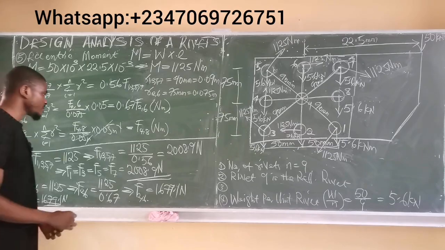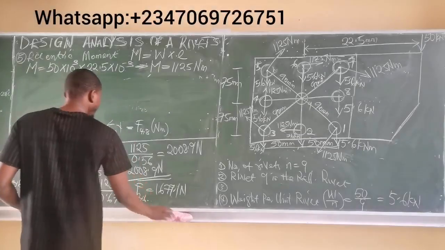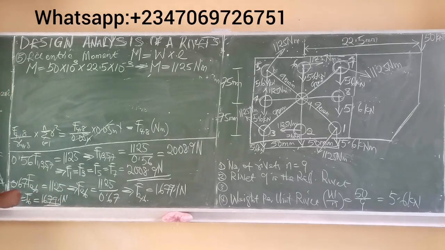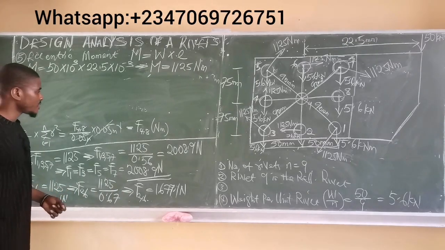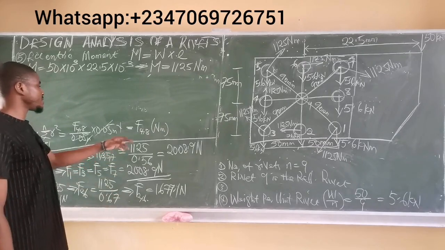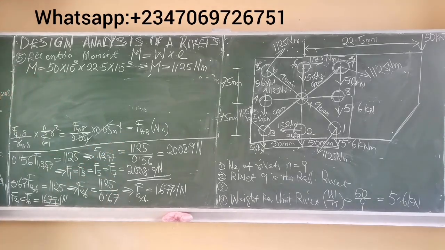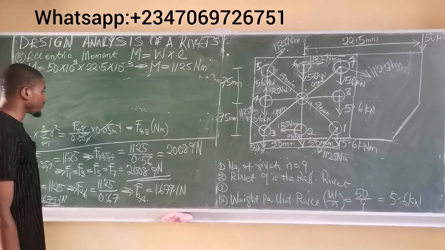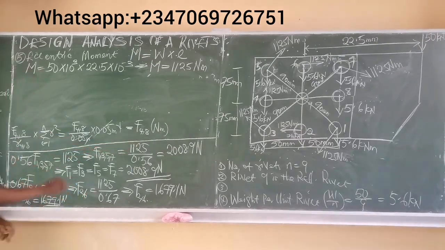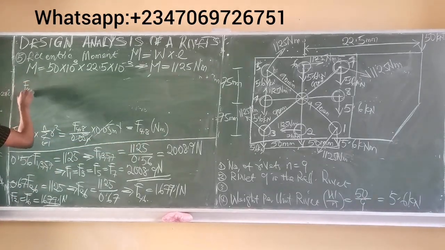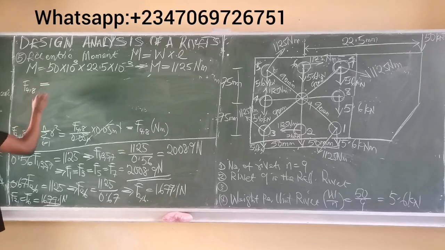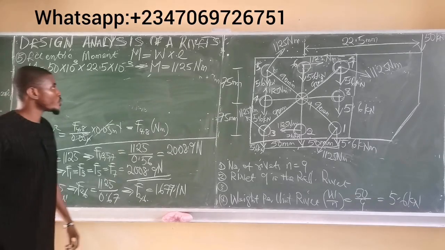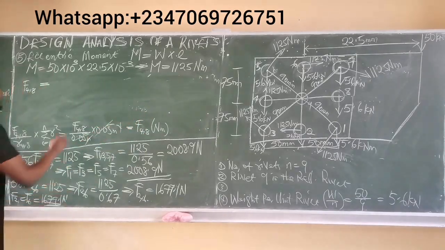And finally, to find force 4 and 8, the moment of rivet 4 and 8 must be equal to the eccentric moment. The moment of rivet 4 and 8 is F48, and it must be equal to the eccentric moment, which is 1125.